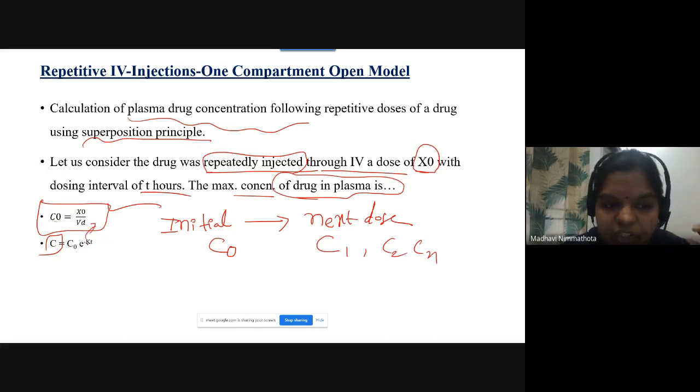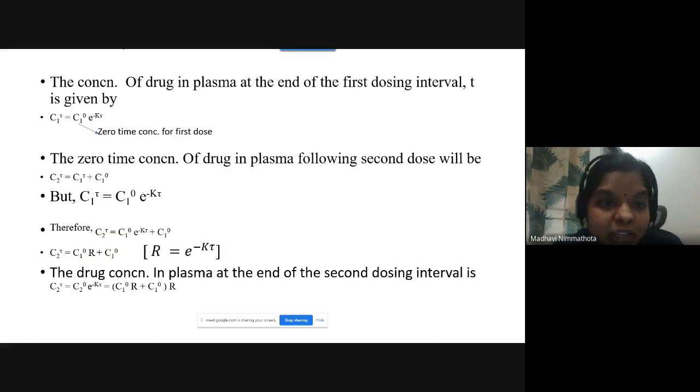K is the elimination rate constant, T is time. The concentration of drug in the plasma at the end of the first dosing interval. First dose in the sense it will be C1 0, where 0 means initial.